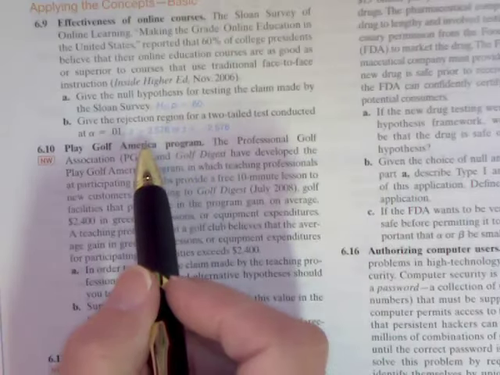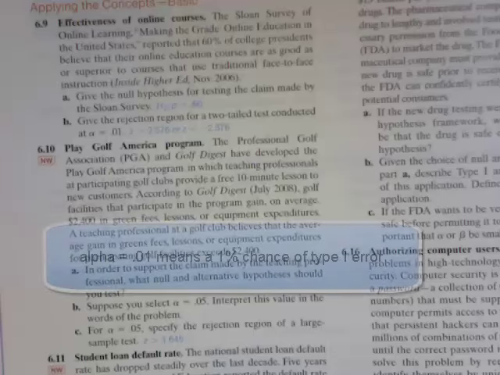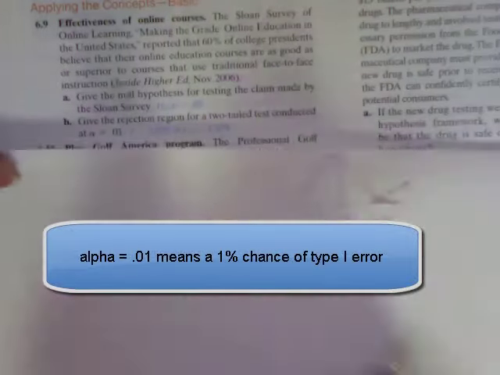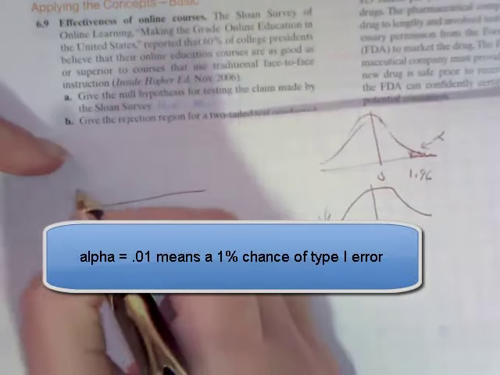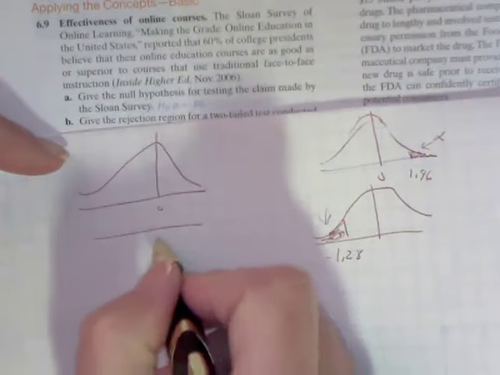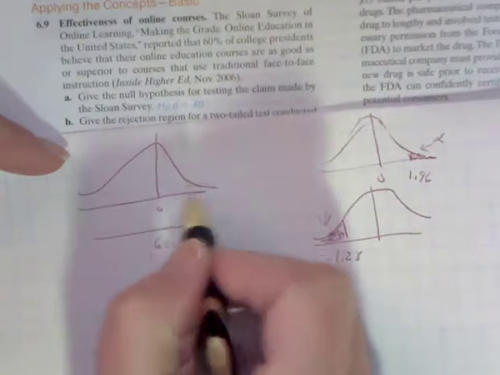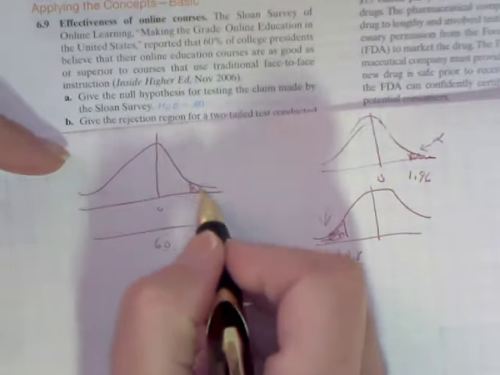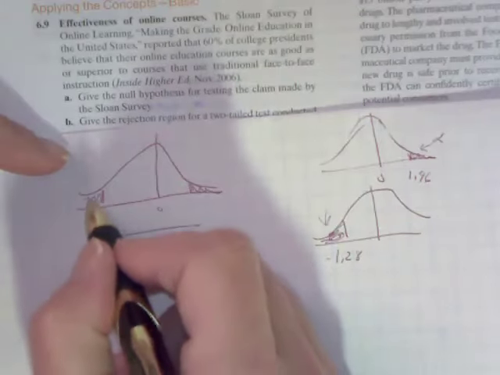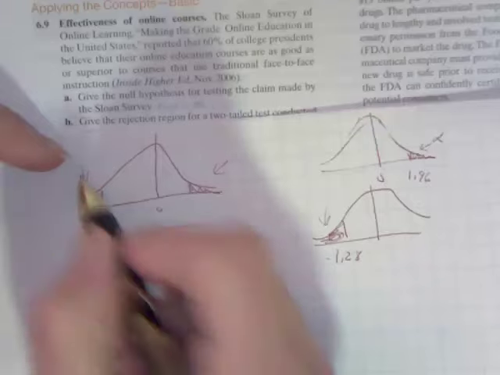We use a z-score of 2.575, either above or below. So if you drew a picture here, this would be 0. On another scale, this would be the 60%. And we want to show via some sample that the sample either falls over here or over here.